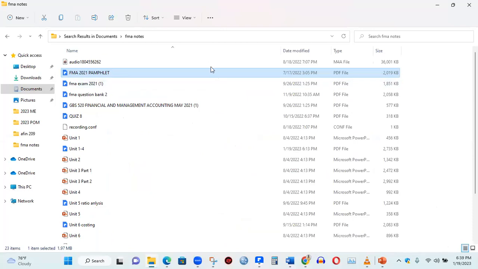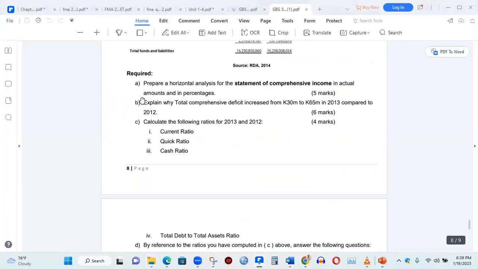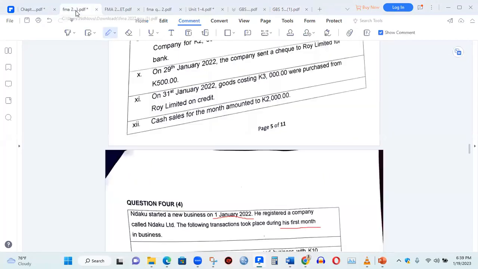So it is on the aspect of the double entry system.